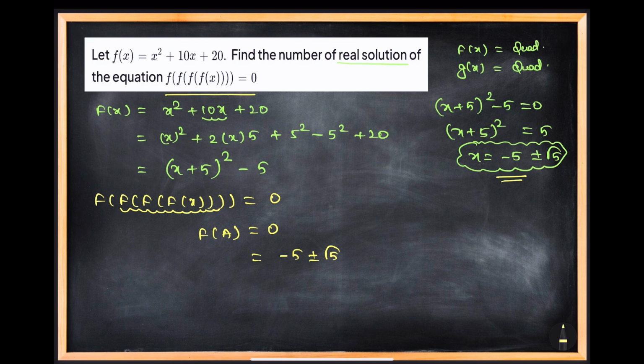Now in place of x I will write a. So we have to write a plus 5 whole square, and who is a? It is f of f of f, three times, plus 5 whole square and minus 5. Is that okay? So we have replaced x with a. Now this thing will be neutralized, and we have something whole square equals plus or minus 5.